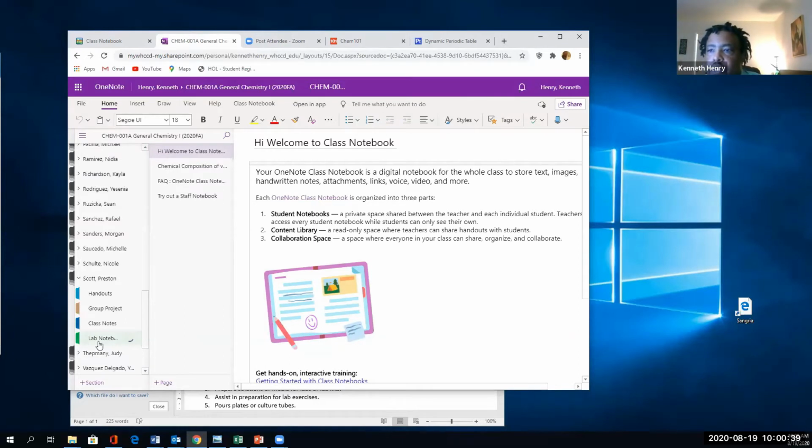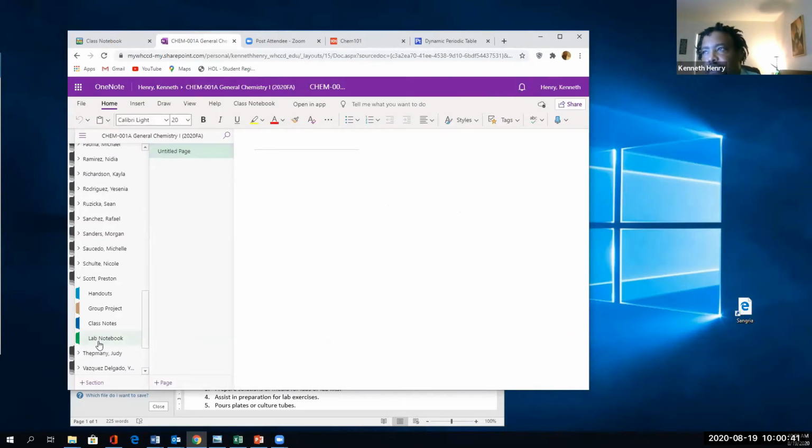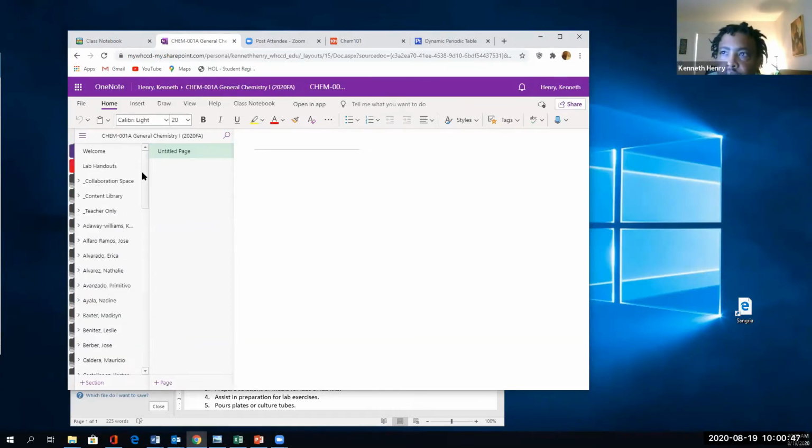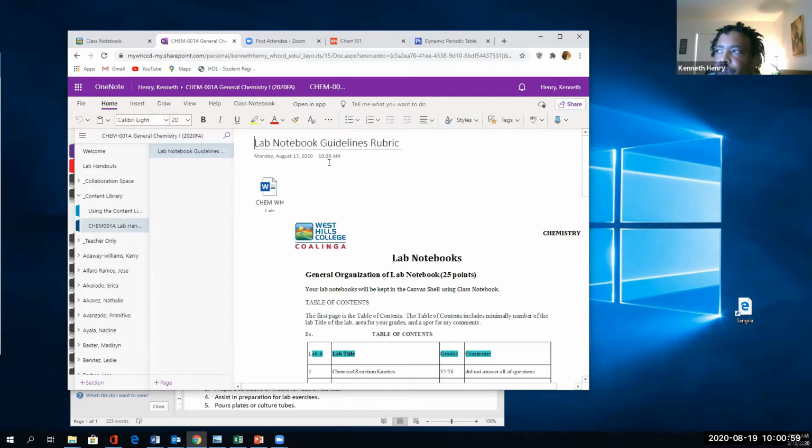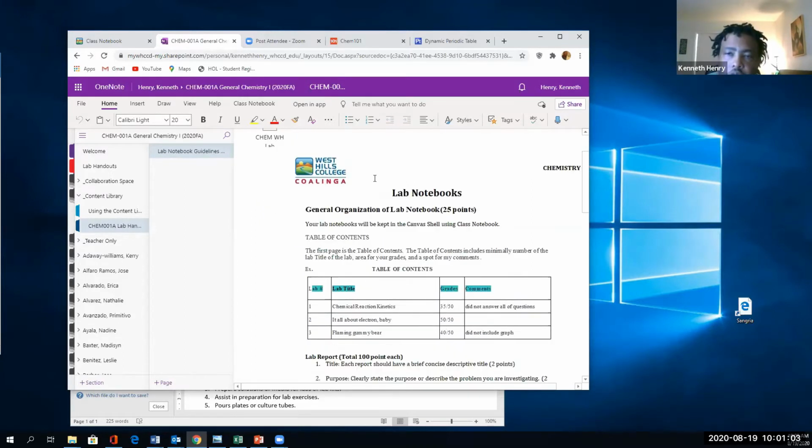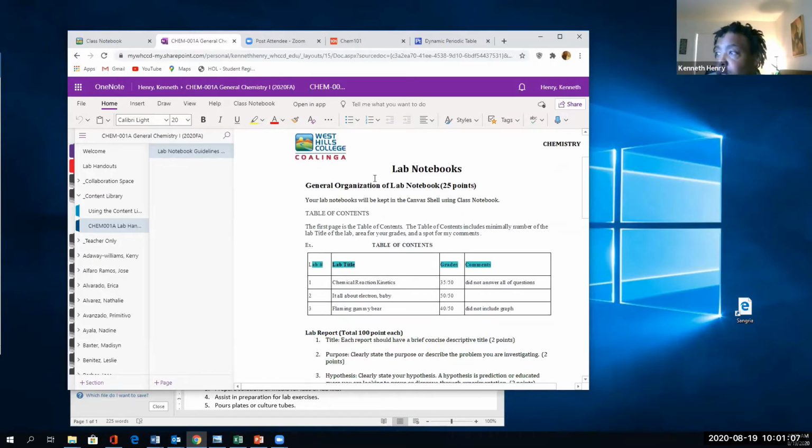Under your lab notebook, the very first thing you should have is your table of contents. If you go up to your content library, which should be above your name, and click onto where it says Chem 1A Lab, it's going to give you the guidelines and the rubric for your lab notebook. It'll tell you how you need to set up your lab notebook and how you should be filling out your lab reports.